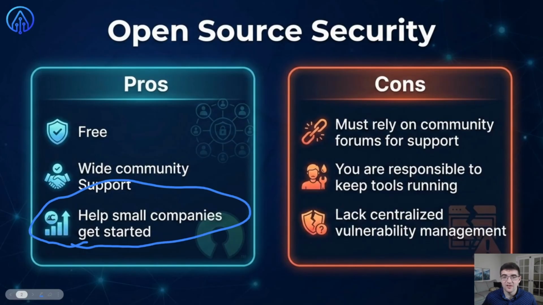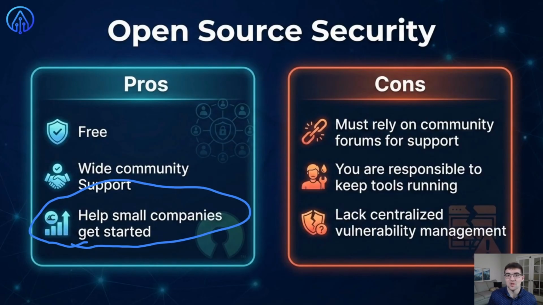Well, you're generally going to be relying on community support, and it's up to you and your development team to fix these tools if they break. Additionally, with these open source tools, there's not really a great way to get all of your vulnerabilities in one place to manage. The vulnerabilities for the static code analyzer are going to live where the static code analyzer is.